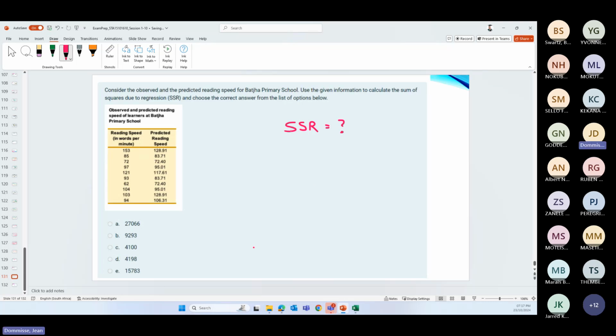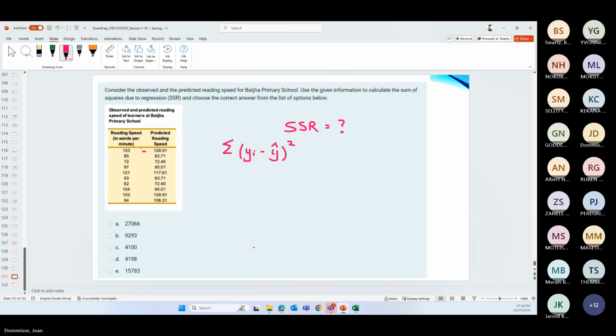Then if we have that, what we actually need to do is sum the difference of that minus that one. So nearly, how do I write it? I minus the hat of that, or the predicted. And I think we need to square it as well.